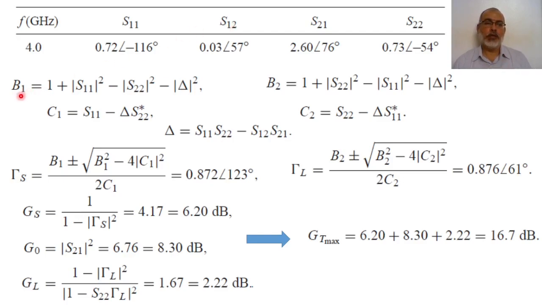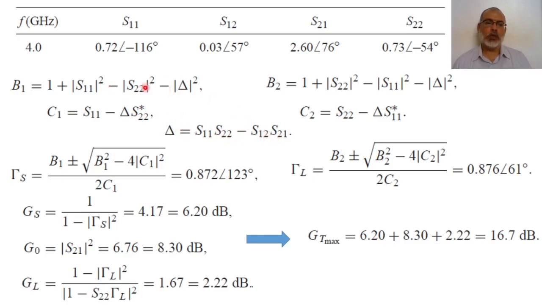If you remember the equations for a bilateral transistor, the gamma source is given by B1 plus or minus the square root of B1 squared minus 4 |C1| squared, over 2 C1, where B1 is 1 plus |S11| squared minus |S22| squared minus |delta| squared, and C1 is S11 minus delta multiplied by S22 conjugate, and delta is S11 S22 minus S12 S21.